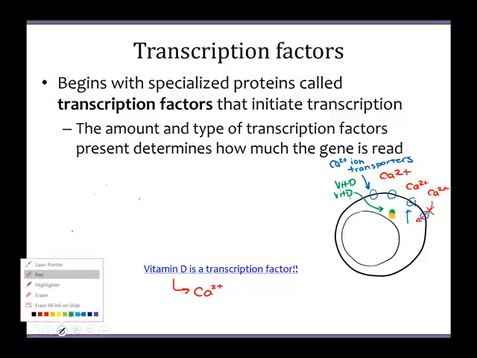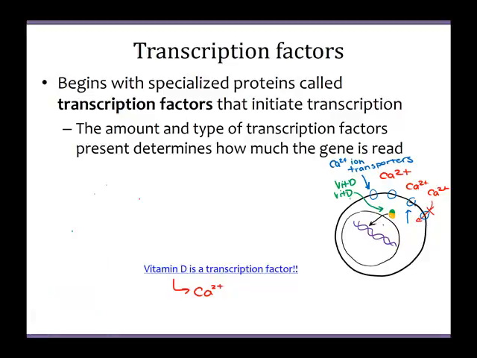And that combination of vitamin D and its receptor will travel inside the nucleus and attach itself to DNA. This vitamin D and its receptor are just the right shape to be able to bind to DNA, and they will only bind to DNA of a certain sequence. Specifically, they're going to bind to an enhancer region.